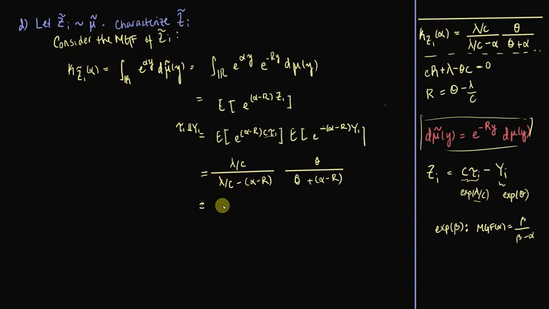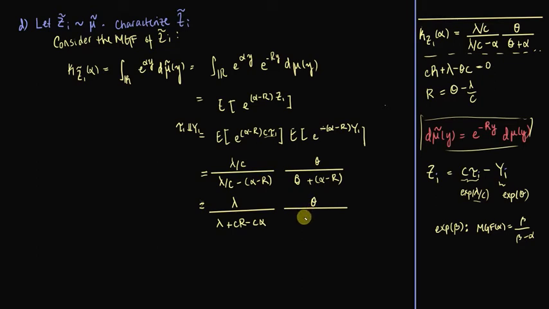So let's just write this down. You have lambda divided by lambda plus cr minus c alpha, and then we have theta divided by, well, theta plus alpha minus r, where r is equal to theta minus lambda over c.